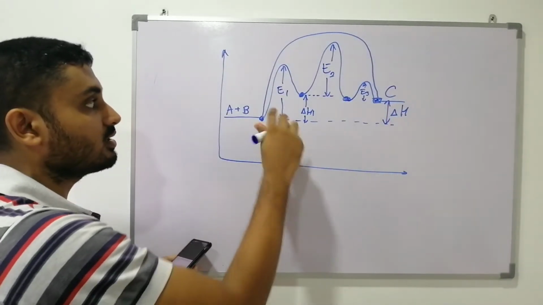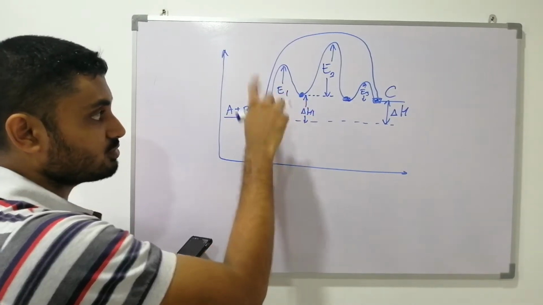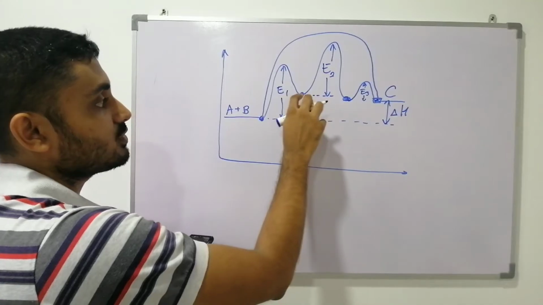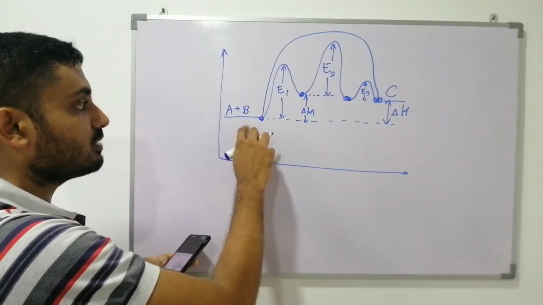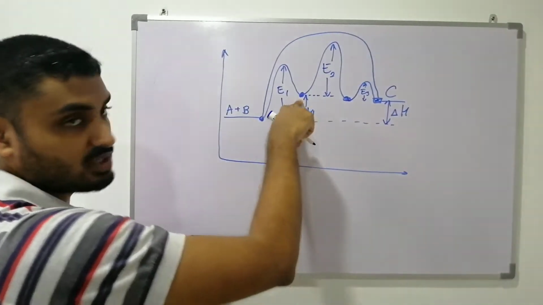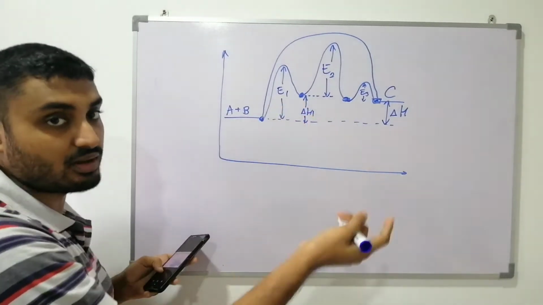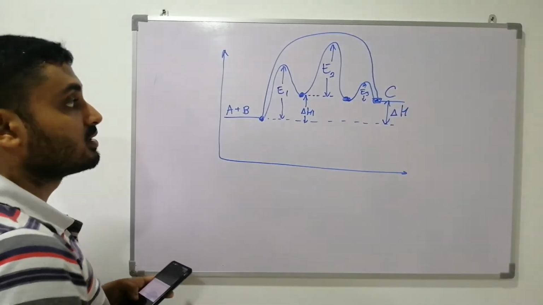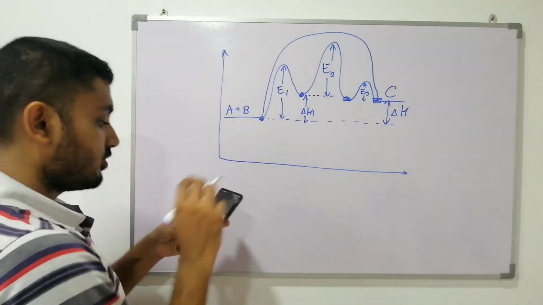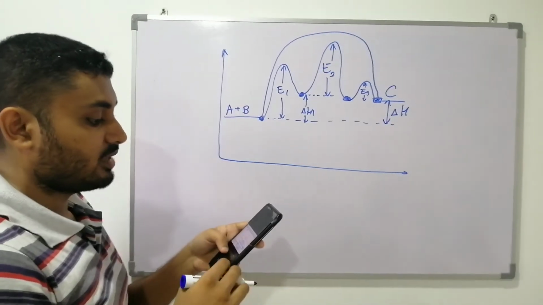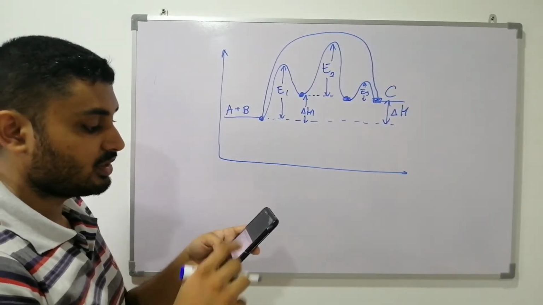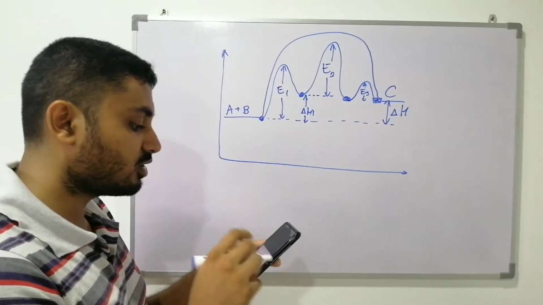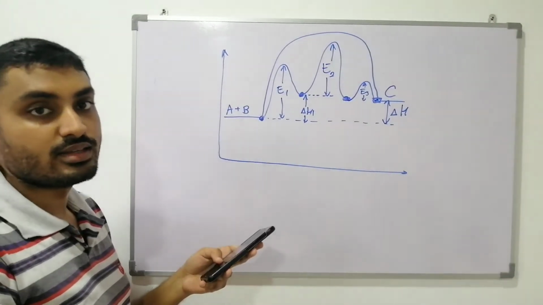If it is smaller than E1, A and B cannot form this particular intermediate. So the first option is definitely wrong, and the third option is also wrong. EA is smaller than E1, so we can clearly neglect the first and the third options.